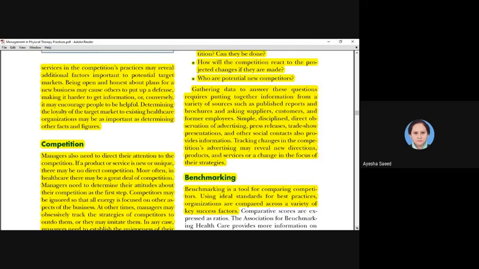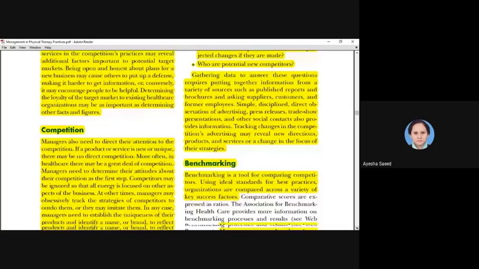Next, after competition, is benchmarking, the tool for comparing competition. Using ideal standards for best practices, organizations are compared across a variety of key success factors. So there are different benchmarks available, and you can compare the companies and their advertisements and their products across them and see which are better.